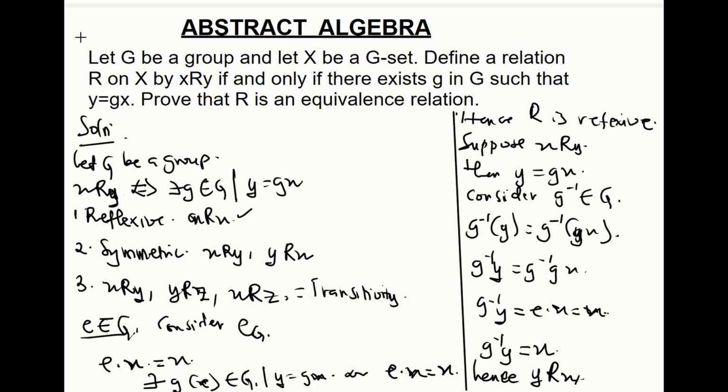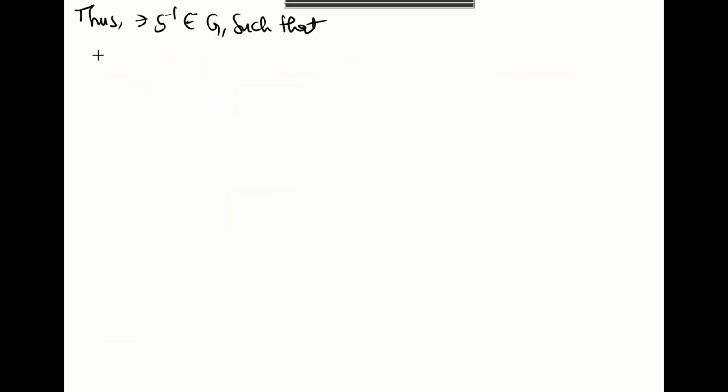Thus we can see that there is this g inverse in G such that our y has related to x, which is g inverse y, such that our y relates to x.